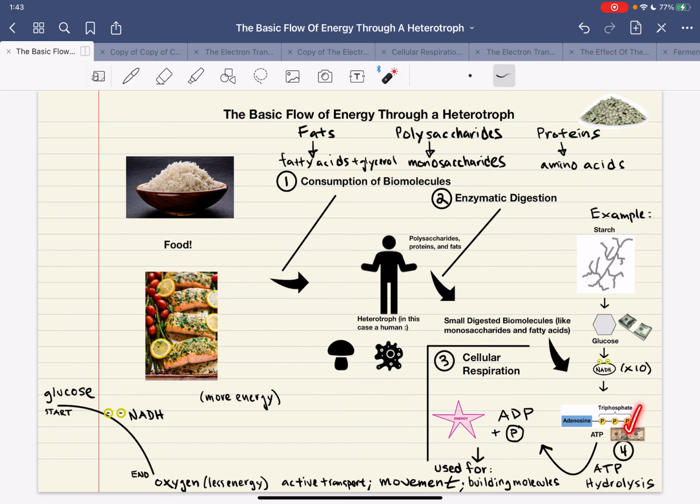Now we finally have our $10 bills. We can use those $10 bills to do nice tiny little activities that a cell's going to do. But again, if you ever use your ATP, you're left with the spent version, ADP. But we can use the energy from food to put it right back together again. And that is the ATP cycle.